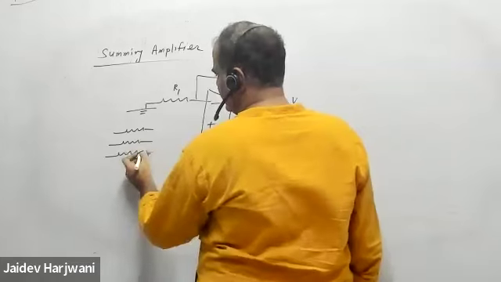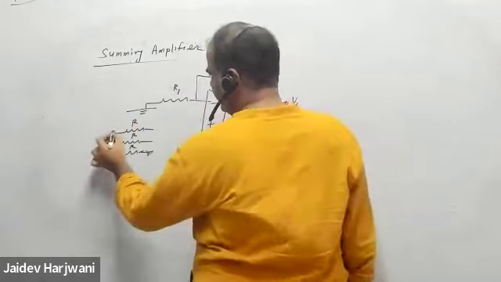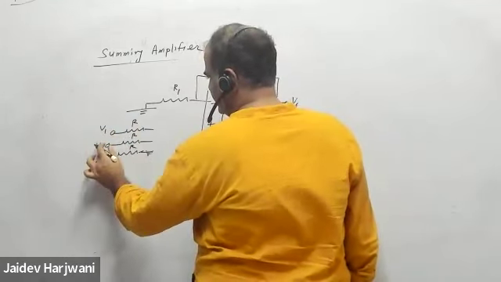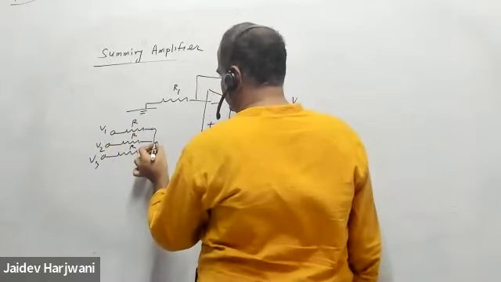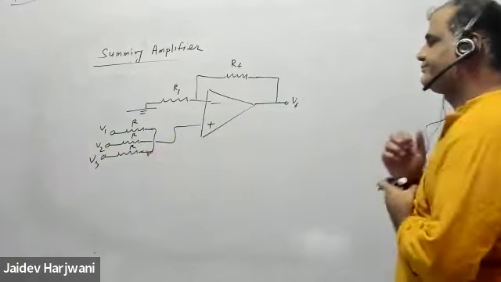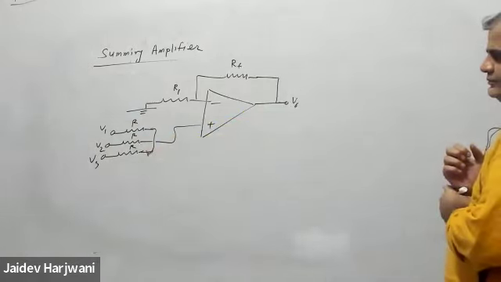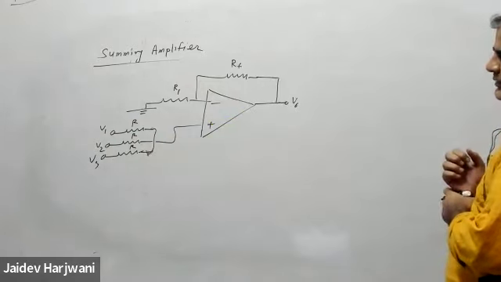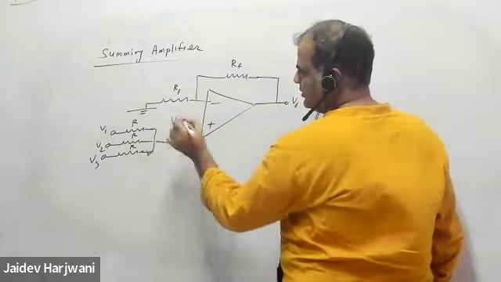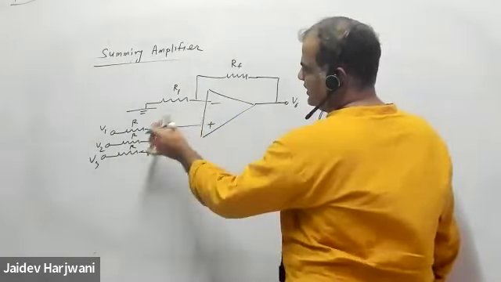I'm putting now equal resistances, say R, R, R. And here I'm putting, say, V1, V2, V3. And this is going as an input here. Here some input is going, say this is V input.